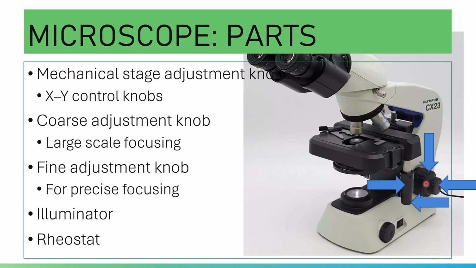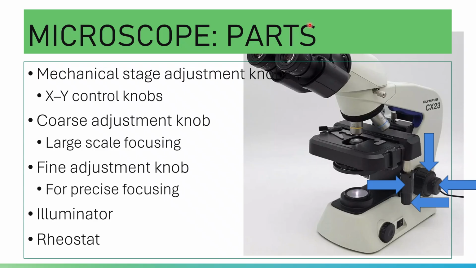It is the larger knob that is used for rapid large scale focusing, and it is used primarily in conjunction with low power objectives.